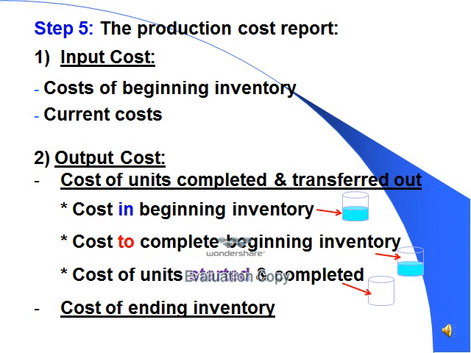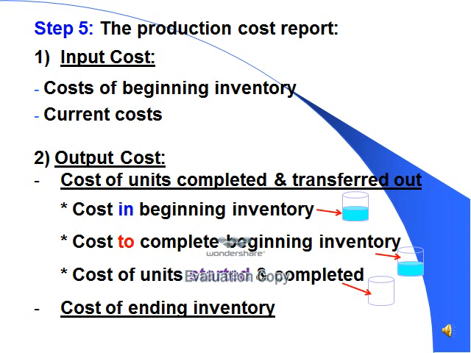Under FIFO costing method, cost of units completed and transferred out consists of three parts. Part number 1, cost in beginning inventory. This cost is incurred in the previous accounting period. Part number 2, cost to complete beginning inventory.